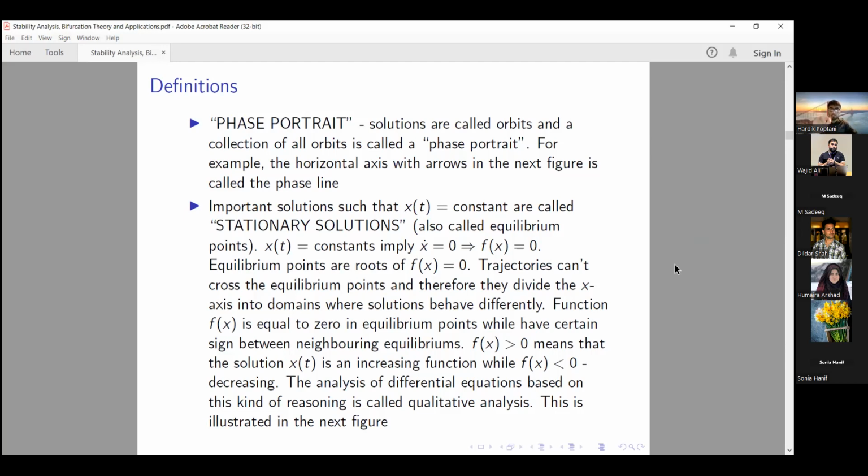So let's say at this point f of x is equal to 0, then if we find another point where f of x is greater than 0, then the solution x is increasing. And if f of x is less than 0, it's decreasing. And yes, this type of analysis is called qualitative analysis.